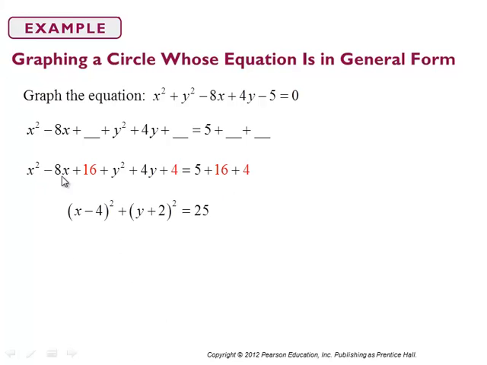The x squared minus 8x plus 16, that's x minus 4 squared. The y squared plus 4y plus 4, that is y plus 2 squared. So now looking at this equation, we can quickly pick out the coordinates of the center point. It's going to be 4, comma, negative 2 with a radius of 5 because 25 is 5 squared.